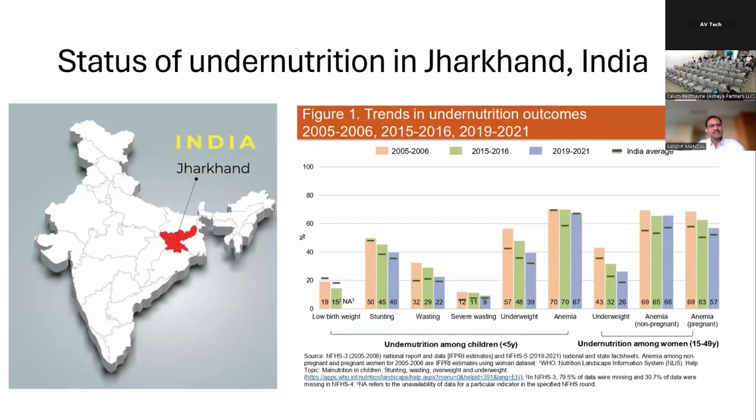The RATIONS trial was done in a single state in India, Jharkhand. The undernutrition status there is not comparable to India as a whole; undernutrition is actually lower in Jharkhand than the national average.